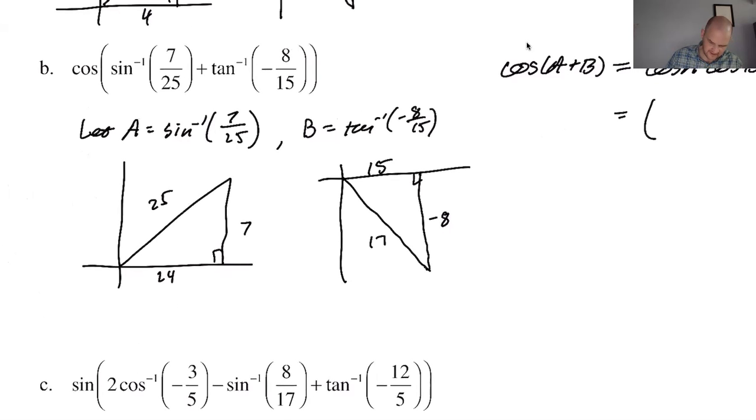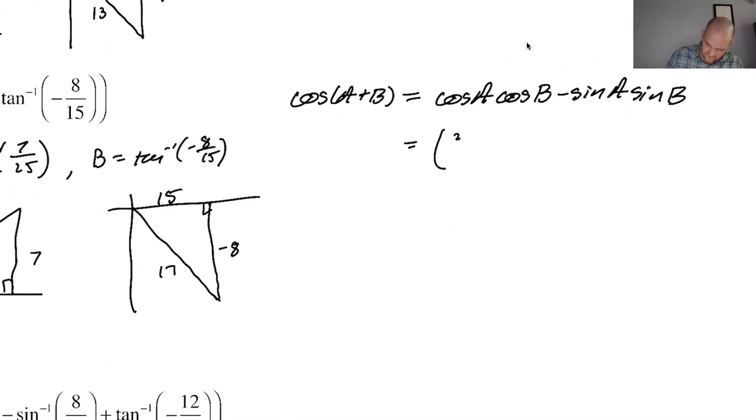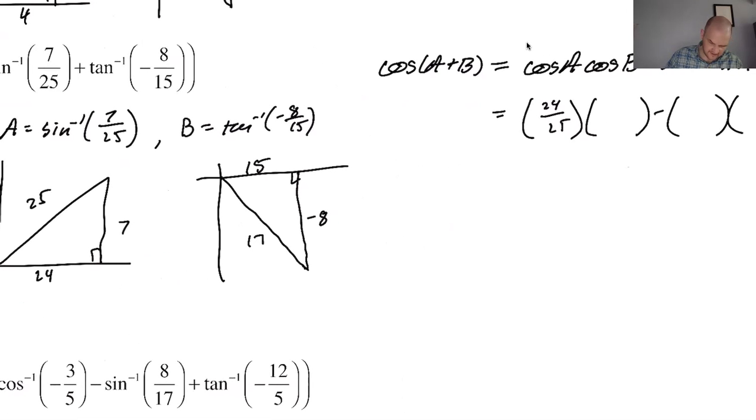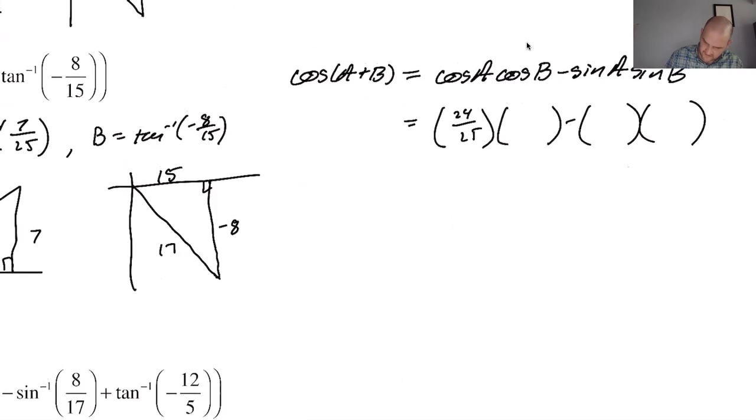So cosine of A, 24/25. We'll find the cosine of B minus the sine of A, and then the sine of B. Sine of A, you can see, is 7/25. So this is a weird way to fill these in. I don't know if I recommend it. I think it's probably better to go back and forth between the two triangles, but for whatever reason, when I'm doing these notes, it's a little easier to do it that way.